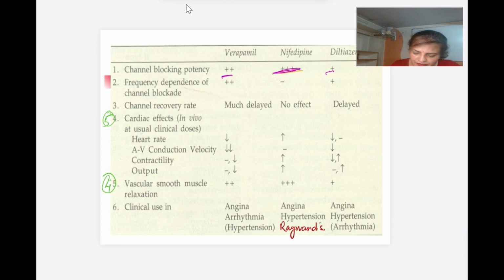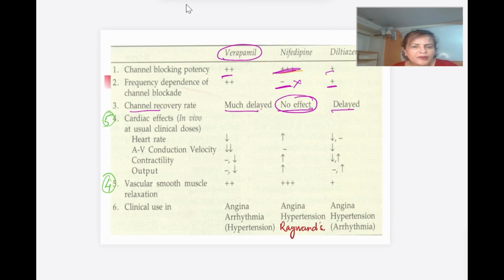Verapamil blocks more, whereas nifedipine is less. Channel recovery rate is delayed with verapamil, whereas nifedipine, which has affinity for smooth muscle, does not have any effect on channel recovery.